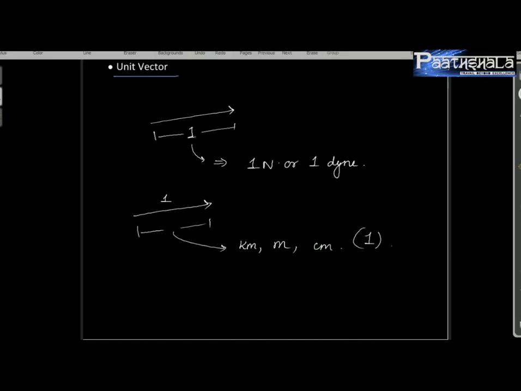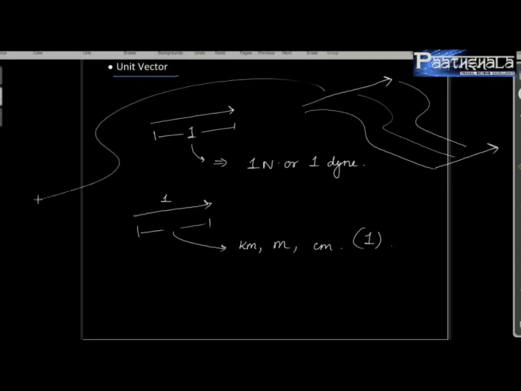Incidentally, let me also mention that vectors can be translated parallel to themselves. If you move the vector over here parallel to itself, then the vector does not change. You can move the vector anywhere in the plane, out of the plane, parallel to itself. The vector is going to remain as it is.